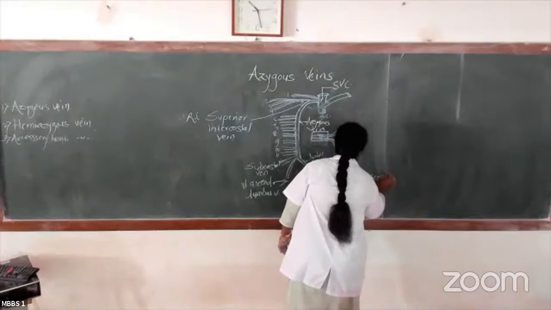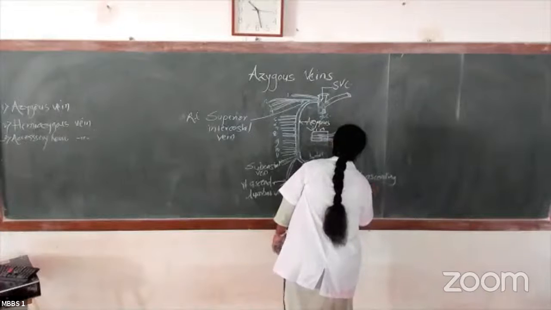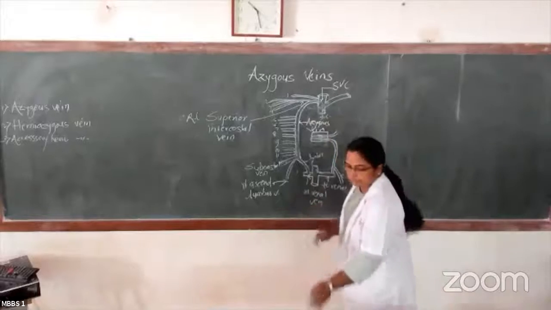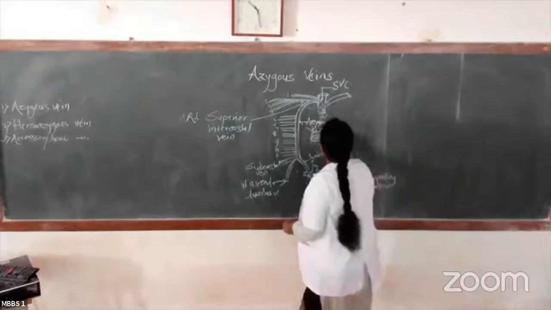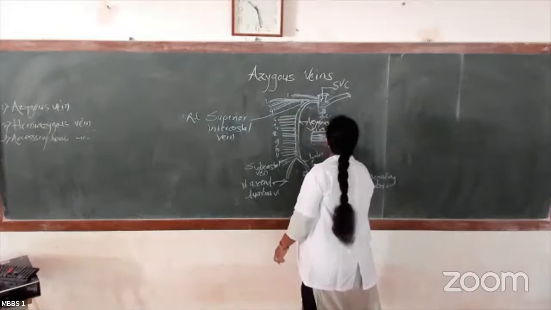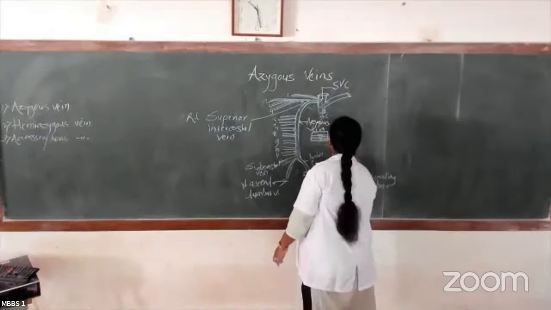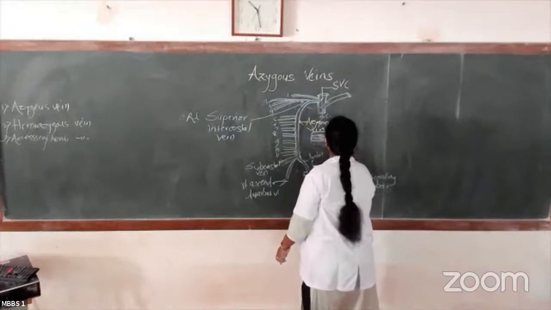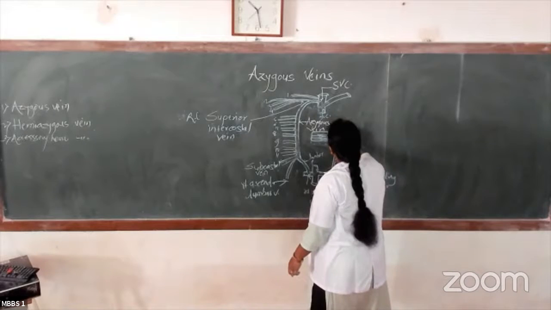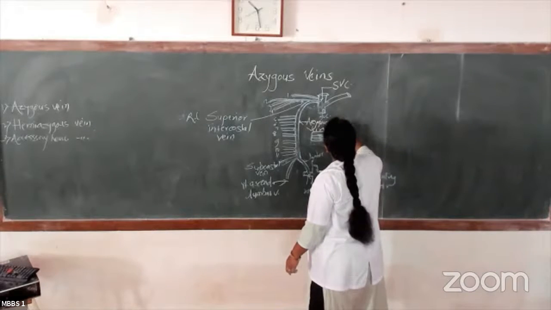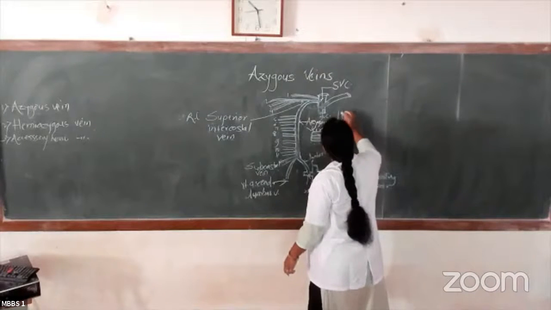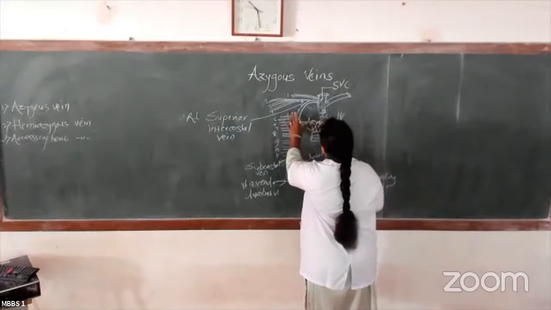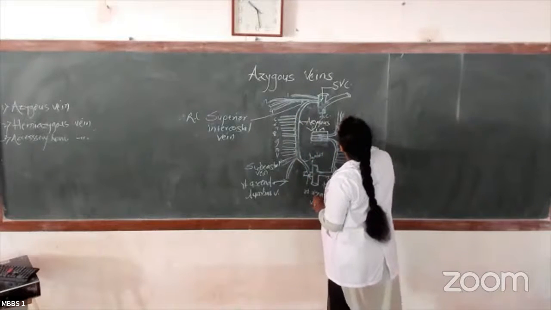The synonym of this is the accessory hemiesophagus, which corresponds to the upper part of this esophagus vein.